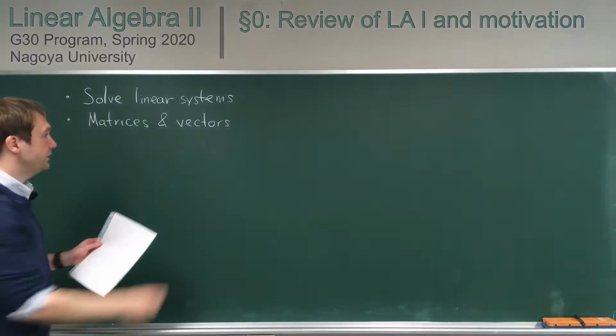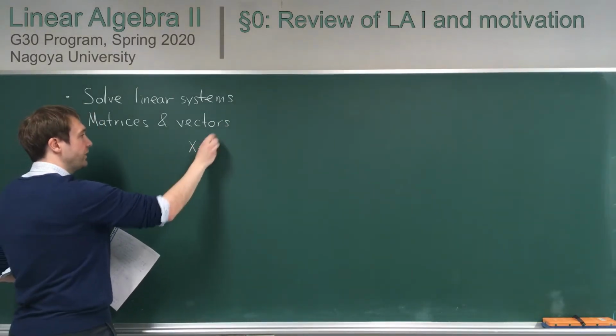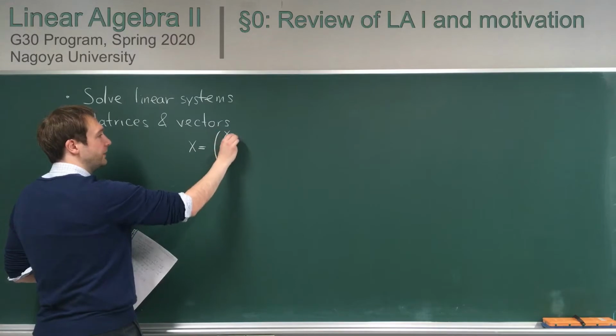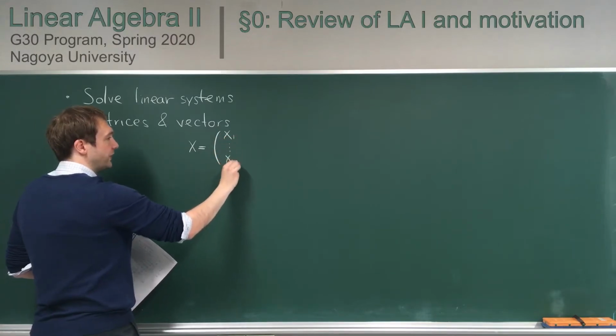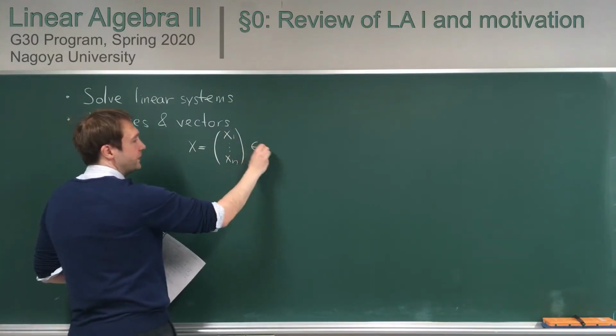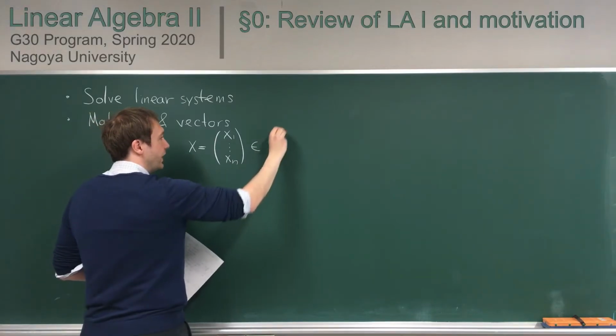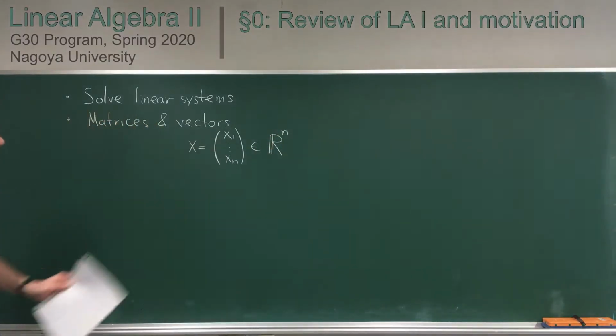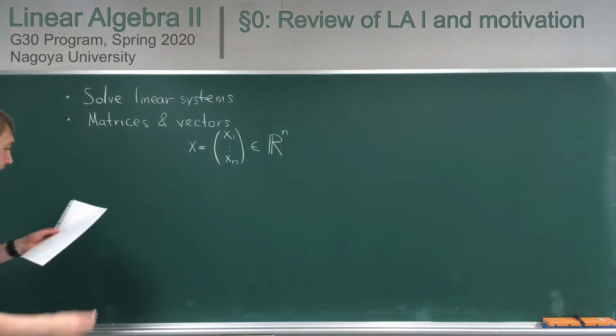And what was a vector? A vector was an object like this, a tuple of numbers, x1 to xn, and this was an element in Rn. So these x1 to xn were real numbers.